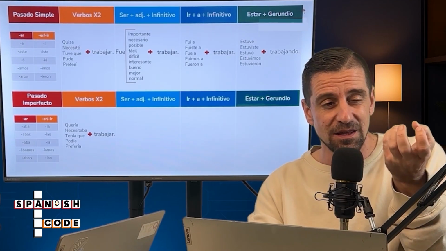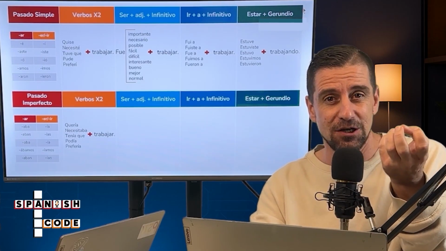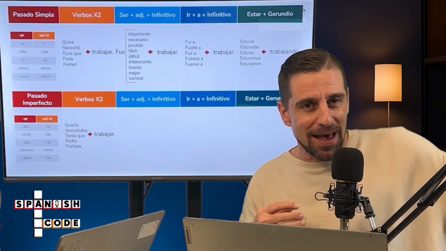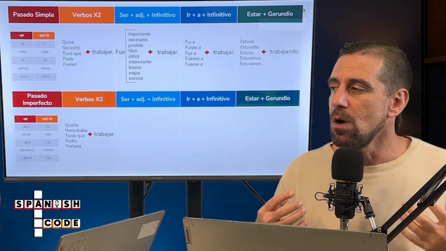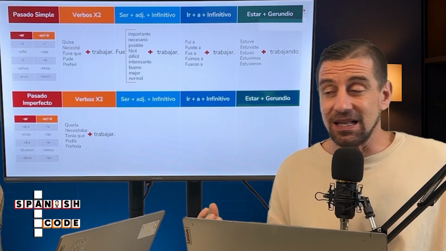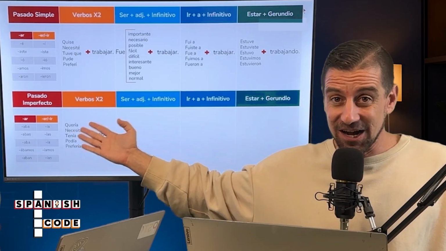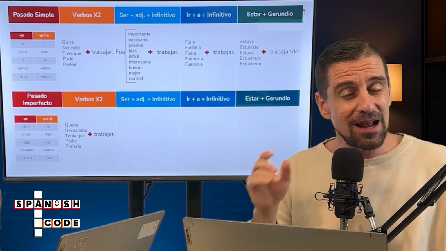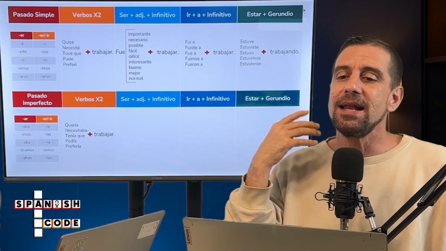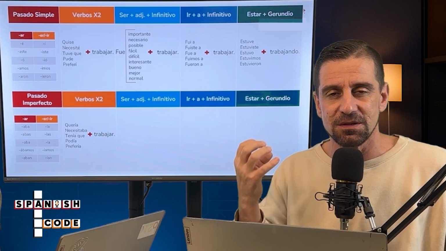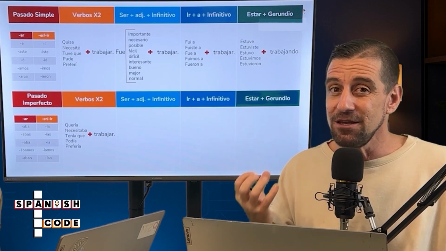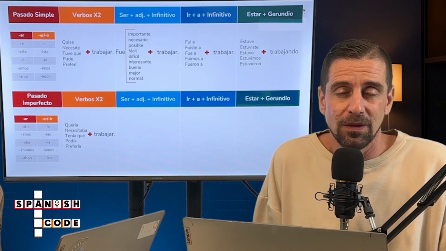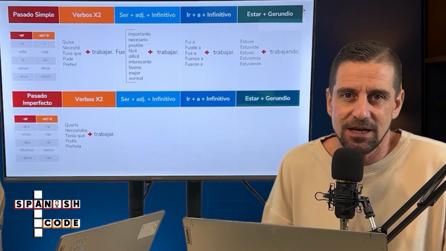All we know is that the idea to want something generally implies that it's been building over time. So in general, in my classes, I'll just say quería. You can totally forget quise if you want. Now, you might hear it once in a while, so it is important to understand the differences between the times. But by usage, we have a 90% in quería and a 10% with quise.